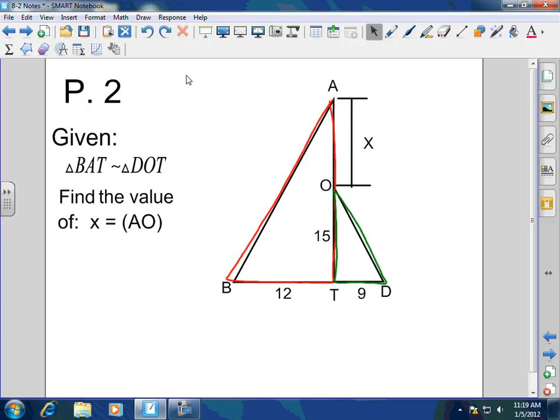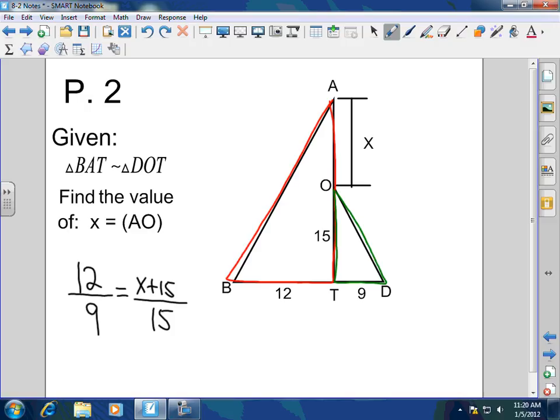They give you that BT is 12, that OT is 15, that DT is 9, and that AO equals X, and I need to find X. Don't think of a formula, think of the logic that I use. Check out what I'm going to do. 12, which is one side of the large triangle, to 9, because they correspond. That must equal X plus 15, which is the largest side of the large triangle, to the larger side of the small triangle.